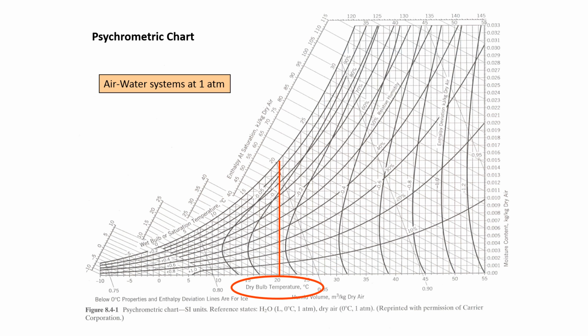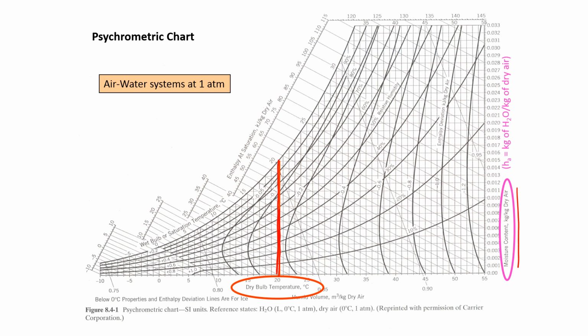And anywhere along this line is going to be a dry bulb temperature of 20 degrees. And then here on the y-axis is your moisture content, and that is kilograms of water per kilogram of dry air.